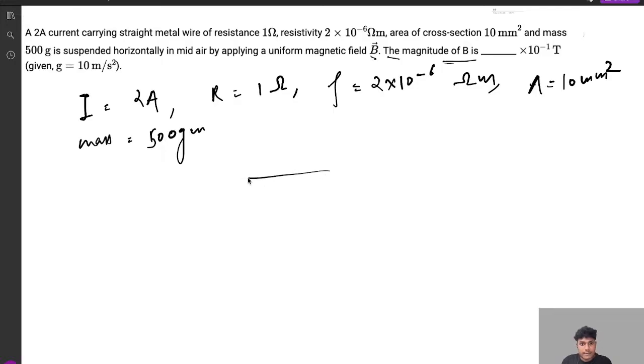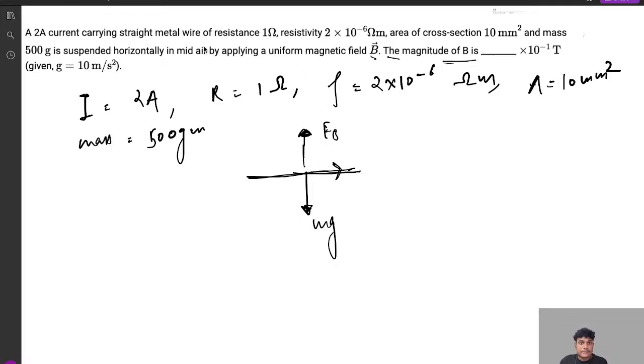We have a current carrying straight metal rod of mass 500 grams. Gravitational force is acting downward, mg. If we assume that the current is moving in that direction and we apply a magnetic field, the gravitational force is balanced by the magnetic force F of B, right?